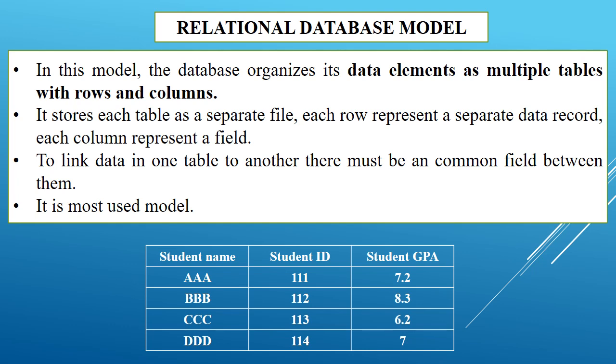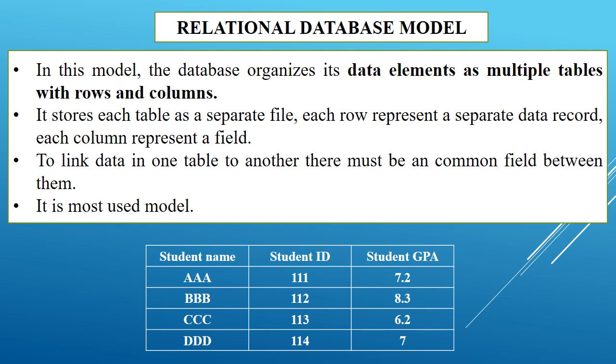I can directly take the marks. To link data in one table, this model is more flexible, and it stores each table as a separate file. Each row represents a data record, and the column name represents a data field.